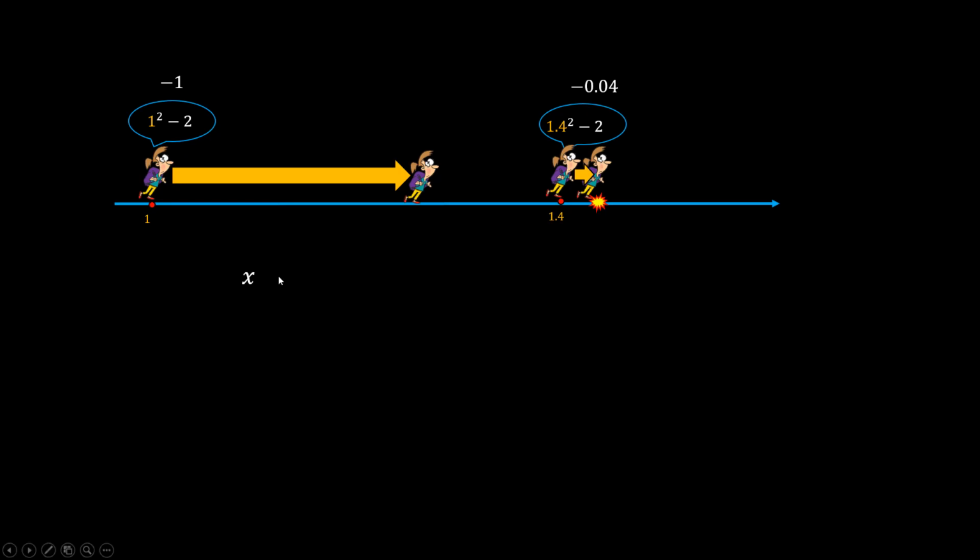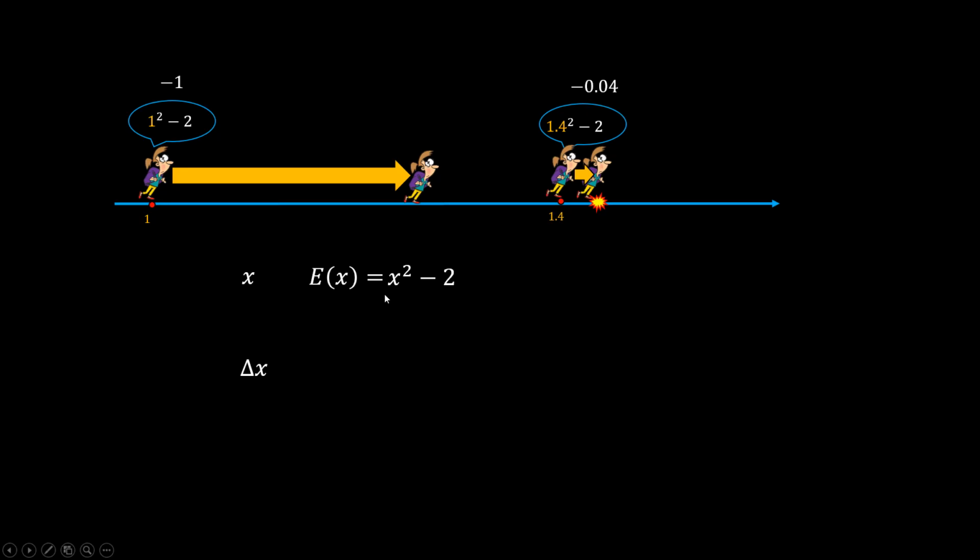Say x is our guess. It won't be right, so we need to adjust it by delta x. Now, how do we adjust it so that we can hit the right answer quickly? Well, we should adjust it based on how far it is from the right answer. Its square difference from the target 2 is the error, giving us an idea about how far we are from the target.